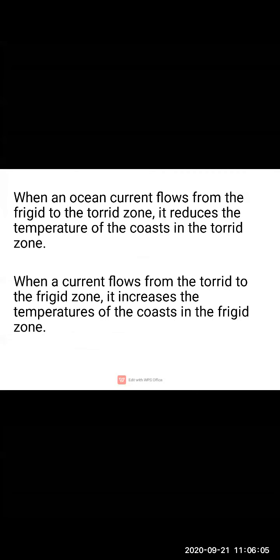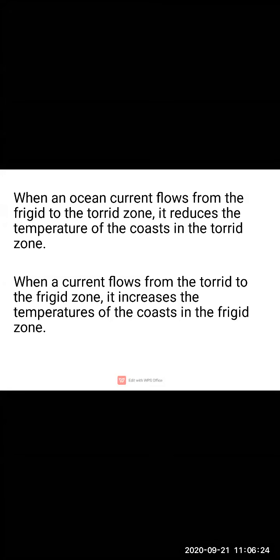Now, when an ocean current flows from the frigid to the torrid zone, it reduces the temperature of the coast in the torrid zone. We know very well the temperature in the frigid region is very cold, very low.